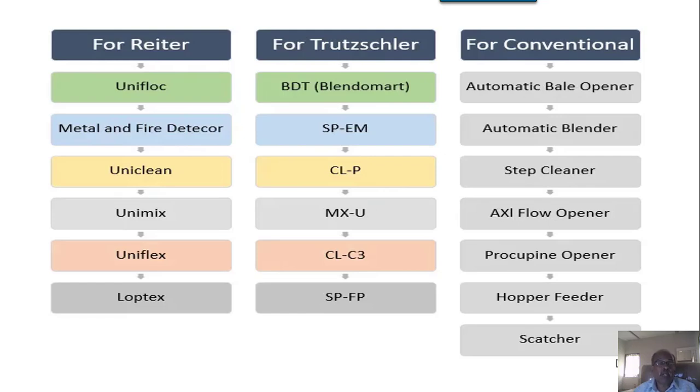In case of a Trützschler line, BDT is there, Blendomat is there, and then the Axiflow or Maxiflow cleaner is there. Then the first step, of course, Trützschler line is slightly divided here. Either they have CNT system or CVT system.